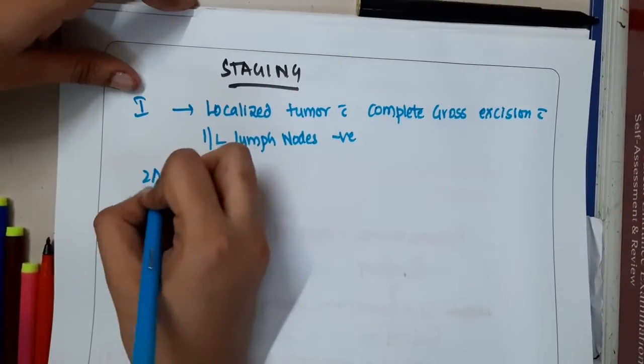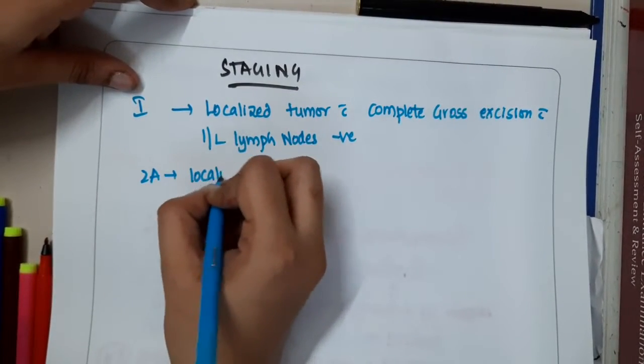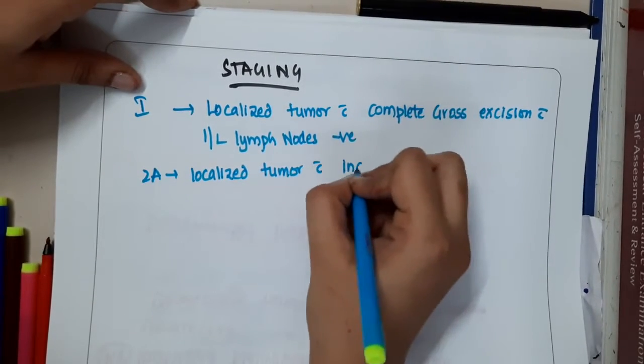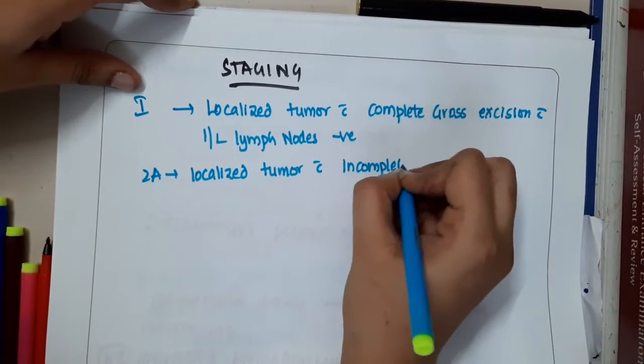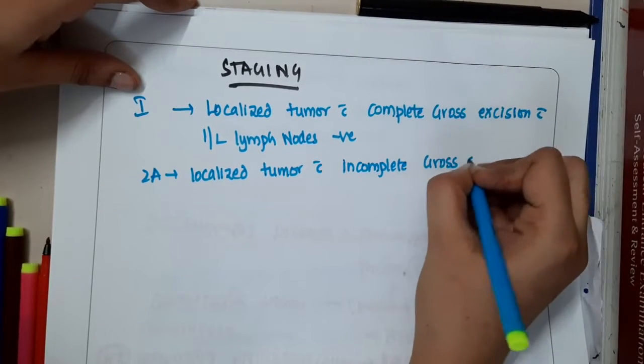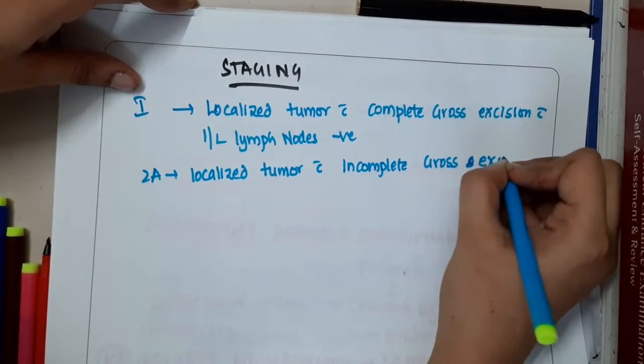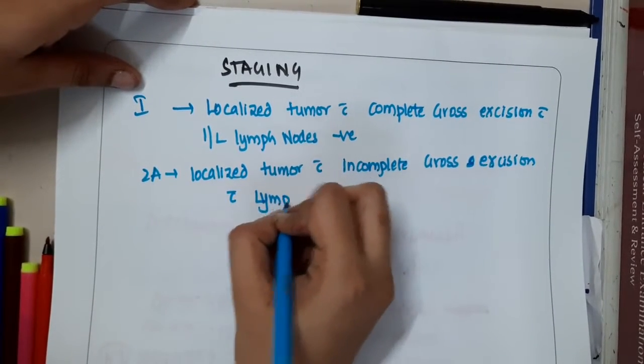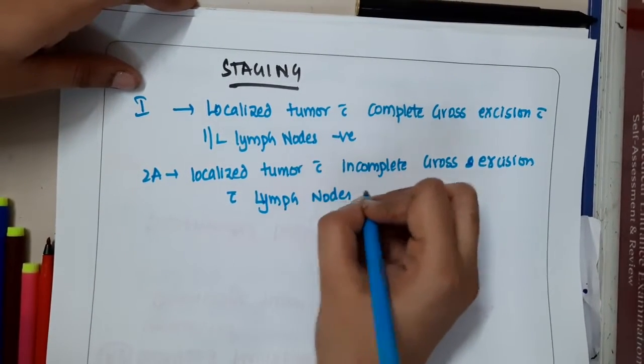Then stage 2A: localized tumor with incomplete gross excision with lymph nodes being negative.